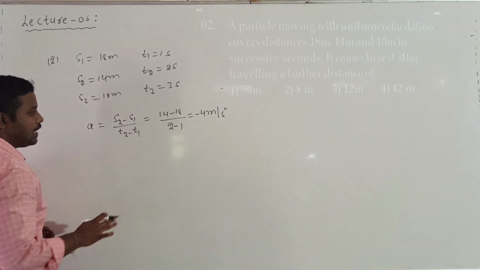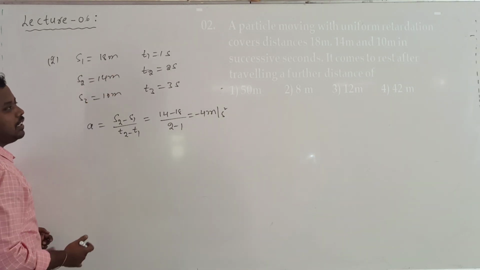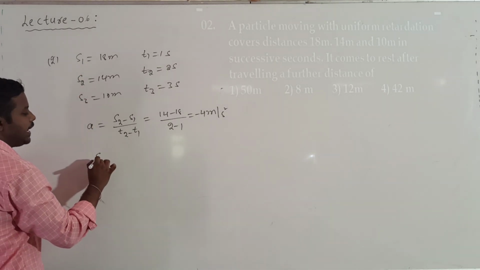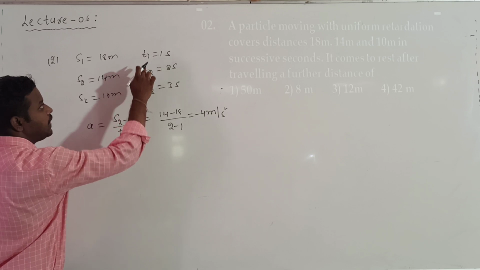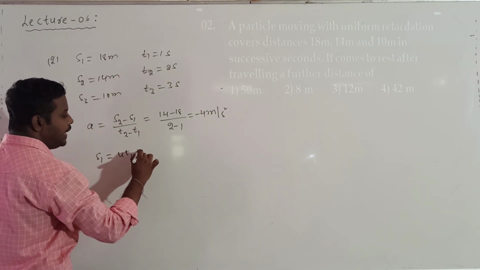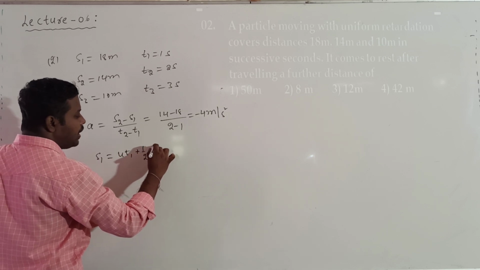So I calculated the acceleration. After getting acceleration, I want to calculate the initial velocity. To calculate the initial velocity, I will take S1, the distance traveled in time t1 second. The S1 formula: S1 is equal to u into t1 plus half into a into t1 square.